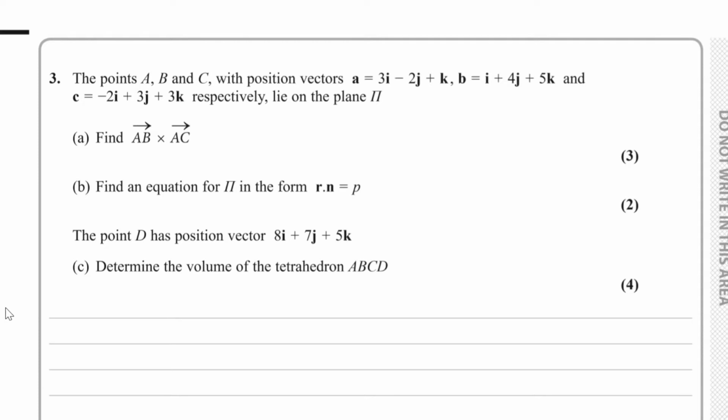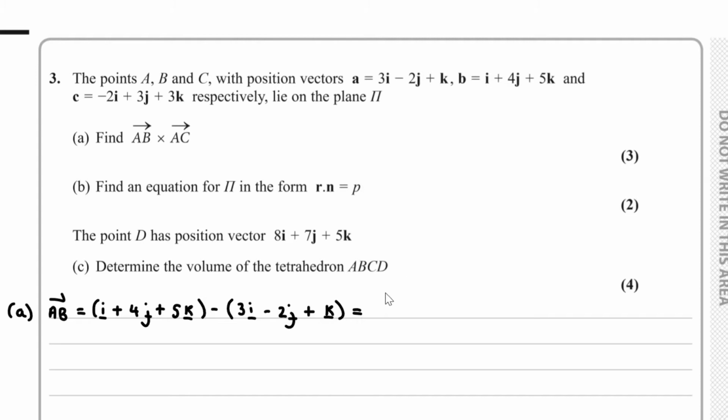Well, before we do anything else, let us find out what the vector AB is. AB is equal to the vector B, which is i plus 4j plus 5k, minus vector A, which is 3i minus 2j plus k.